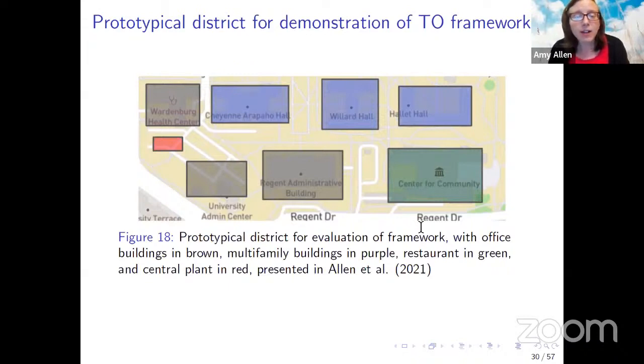I sought to compare the performance of solutions identified by the topology optimization framework to several base cases, or different network configurations serving a district in which all 7 of these buildings were connected to the central plant. For this purpose, I considered prototypical office, multifamily buildings, and a restaurant.